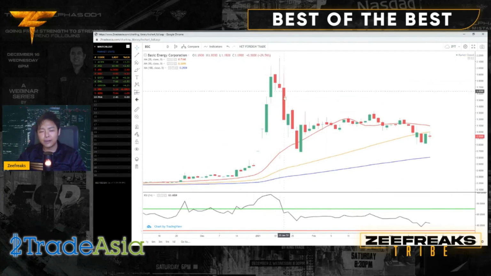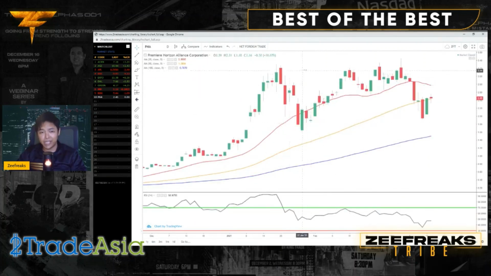Kasi structure-wise, they have very similar charts, price movements. Although, ayan, medyo magkaiba lang si BSC kasi medyo mas mataas siya. Yung pinaka-outlier sa lahat is PHA. Kasi up to now, medyo nag-hold pa rin siya. Pero sige, PHA na lang muna i-discuss natin sa lahat, okay?